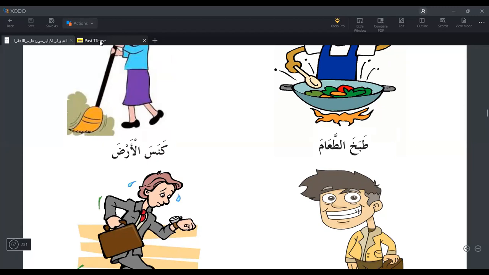Yesterday we learned about the past tense, and today, inshallah, we will learn about the Jumlatul Fi'liya, verbal sentence. By next week, we will start a lesson from the book, inshallah.